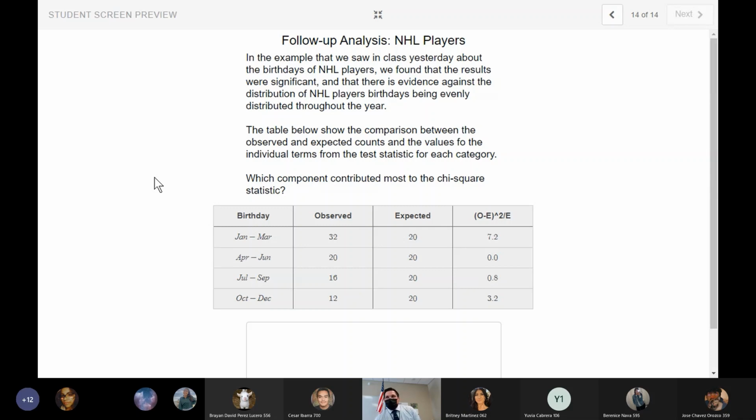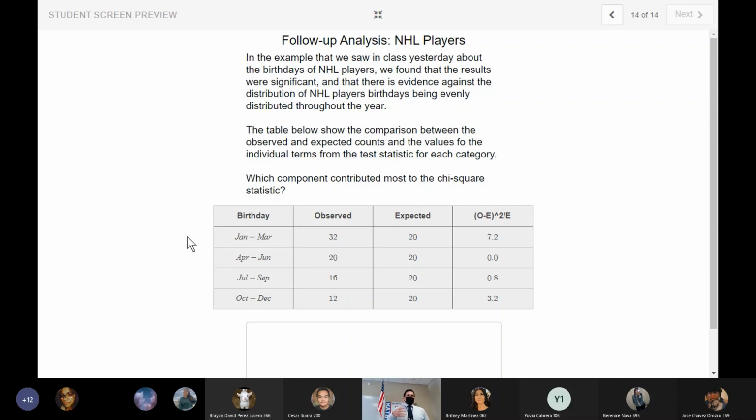If we look at the components here, the 4 categories and what they've contributed to the chi-square statistic, our largest component is the 7.2 with the January through March quarter. It contributed the most to our chi-square statistic, which is basically the most convincing evidence that the original claim, our null hypothesis, is not correct.